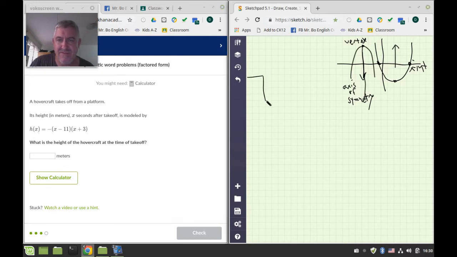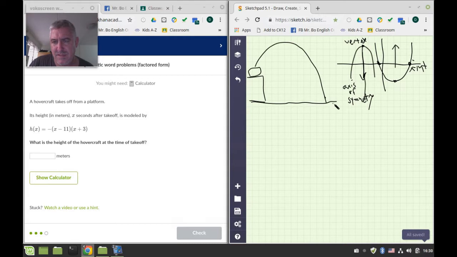So we have a little platform, like a stage, and we have our hovercraft here, and our hovercraft takes off and then goes down, and when it hits the ground, it's at zero height.